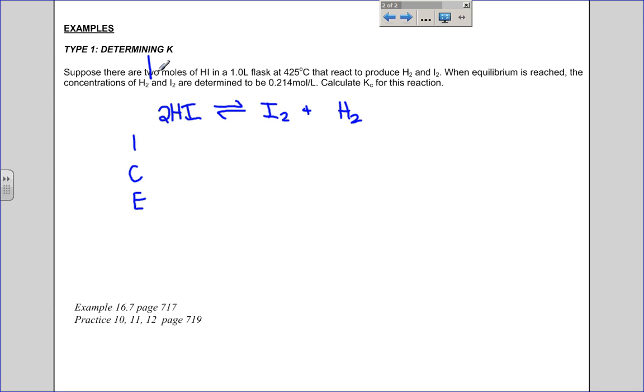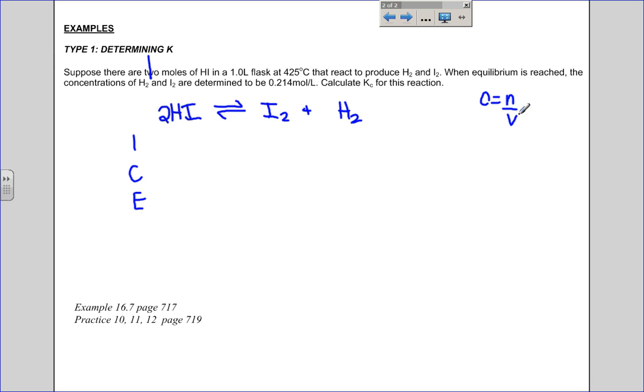Now what we're told is that initially we put 2 moles of HI into the flask. And these are concentration tables, so we always need to work in concentrations. This is because ultimately, when we solve for our equilibrium constant, as you know, the equilibrium law is in terms of concentration.